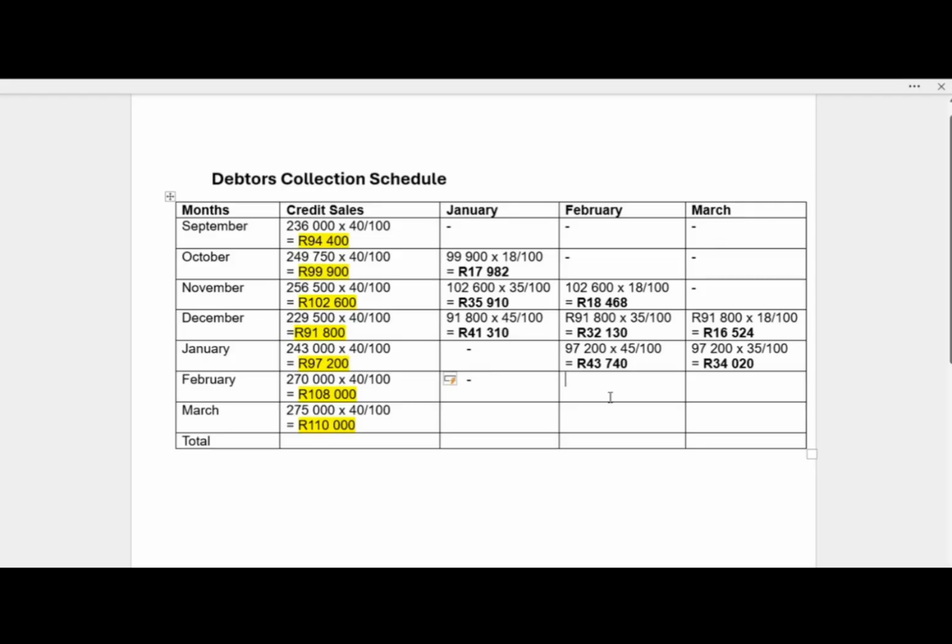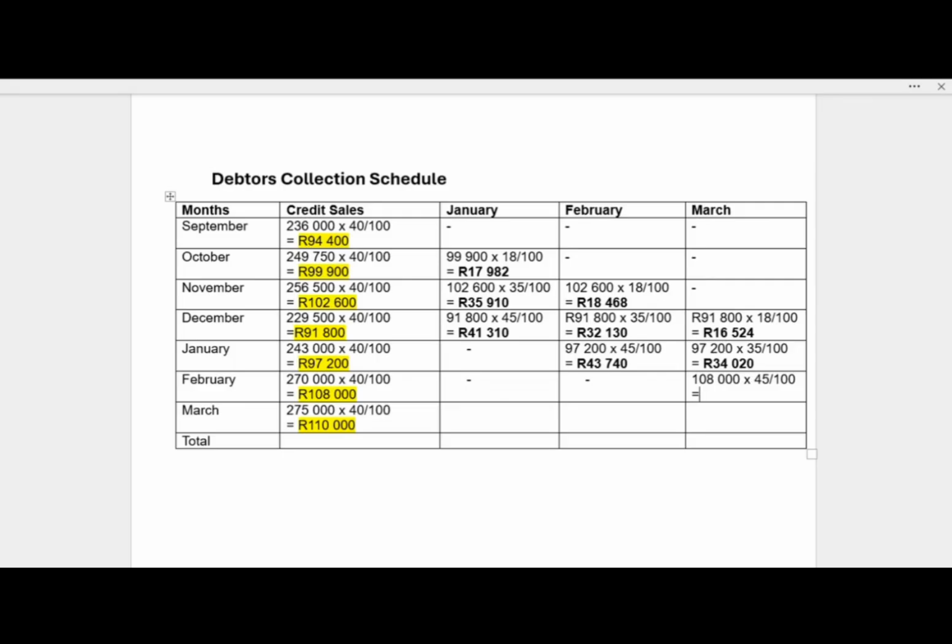And then even during the month of February, you're not collecting anything. So the first collection for February will be in March, which is 45%. All right. So it's 108,000. You multiply by 45 out of 100. Let's see how much you are collecting in the month of March for February.